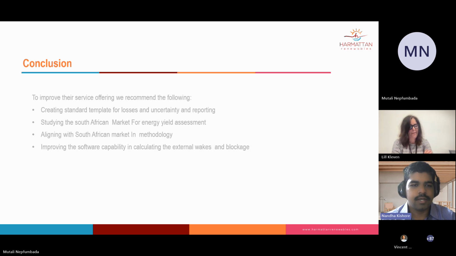On the methodology alignment, we are ramping up extra capacity as the solution provider based on our CFD core IP. The templates on losses and uncertainty are getting revamped and enhanced to suit the local markets and the requirements across the globe. So that's work in progress.